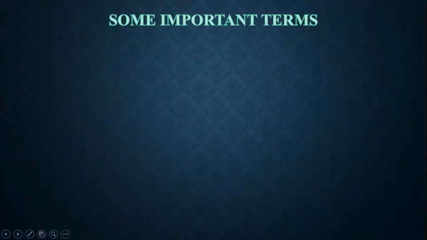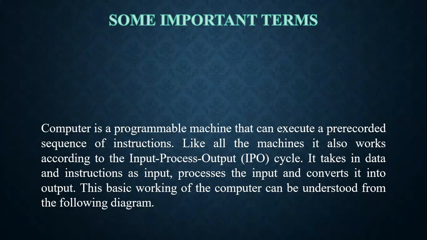After this, there are some important terms which are necessary to know how the computer works. So, computer is a programmable machine that can execute a pre-recorded sequence of instructions.